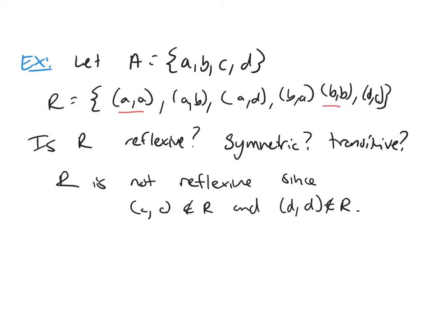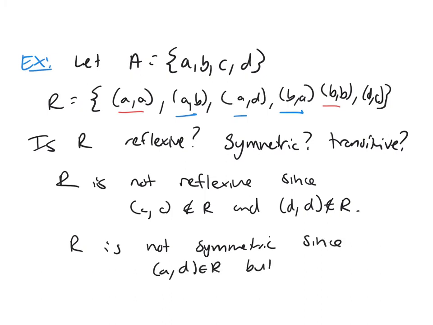If you're looking for symmetric, go through your elements. (a,b), flip it, (b,a) is in there. Now (a,d), if I flip it, (d,a) is not in there. So R is not symmetric since (a,d) is in R, but (d,a) is not in R.